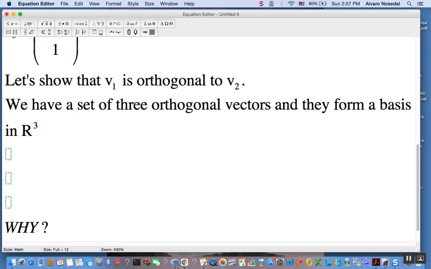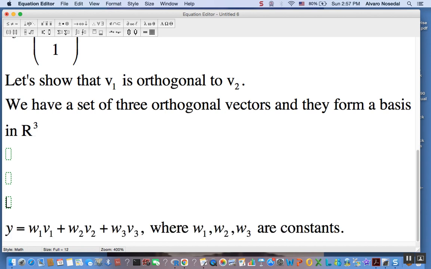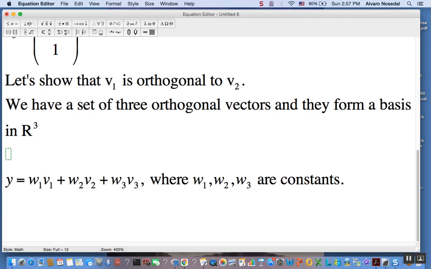And what that means is that if y is a generic vector in R3, then you can express y as a linear combination of v1, v2, and v3, where w1, w2, and w3 are coefficients, are constants.